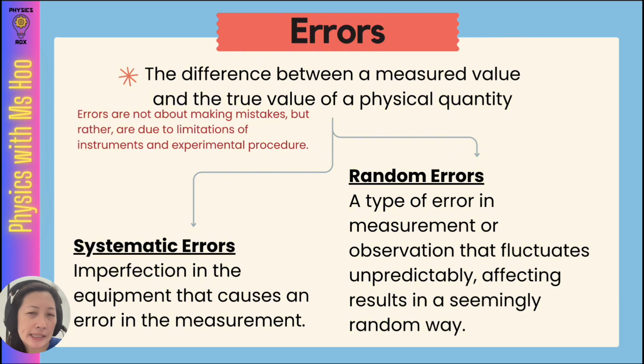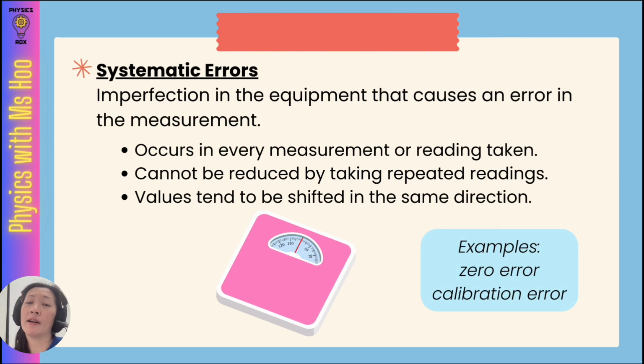Let me elaborate on this just a little bit. So, systematic errors are imperfections in the equipment that causes an error in the measurement. Looking at the term systematic, what does it mean? Very structured, right? So you can think of it as it's very systematic in the way that they appear. So systematic errors occur in every measurement or reading taken. The reason why this happens is because the equipment itself has that imperfection.